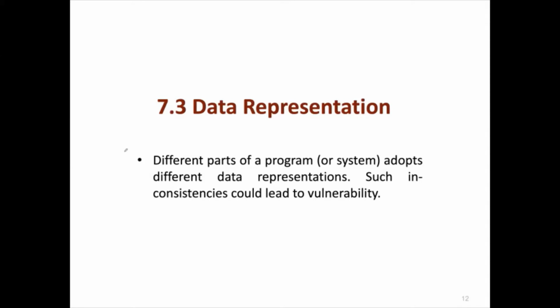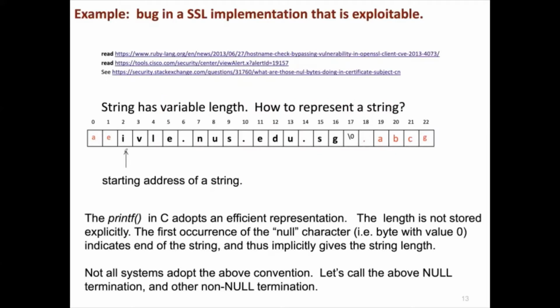So let's look at this. This is the memory in the computer. Let's look at this string. This string is stored here. This is the starting address of the string, and this is the string. There are two ways to represent a string. One is called null terminated.